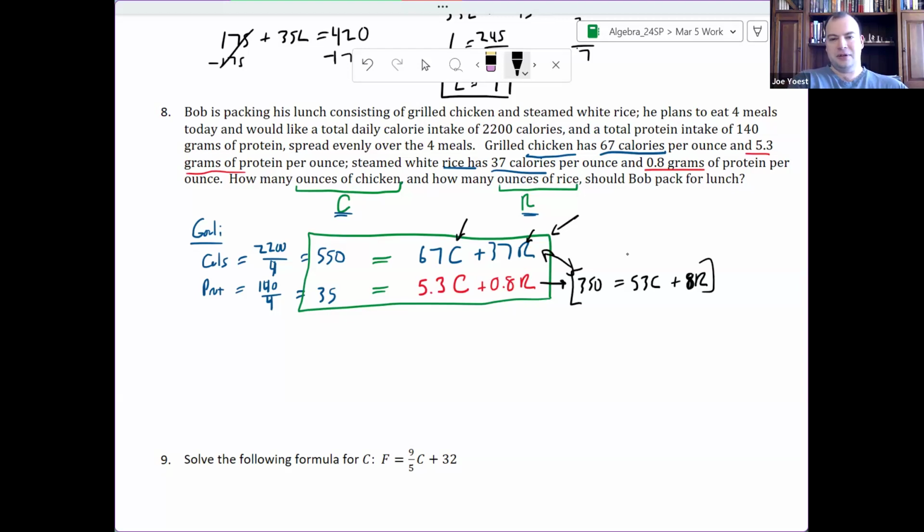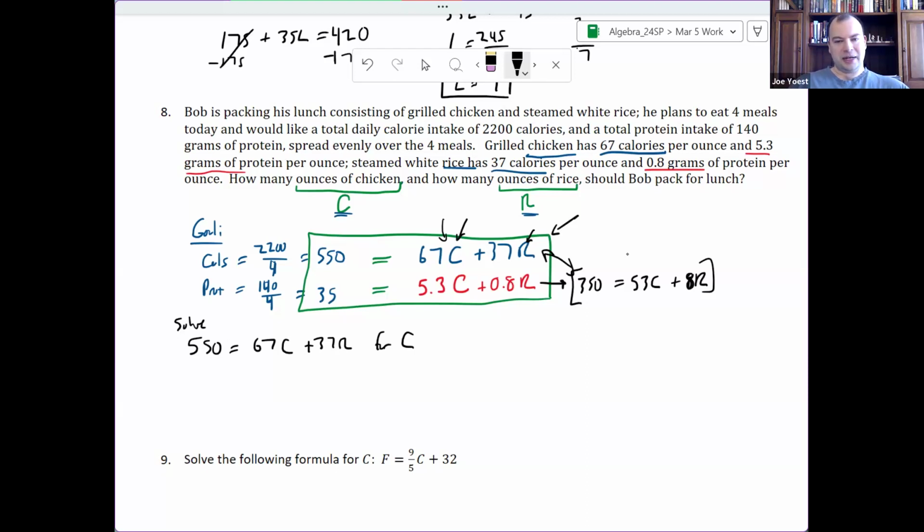So let's solve this top equation for, let's say, C. So kind of an intermediate problem that we have to do to solve this overall problem is to solve this equation for the variable C.